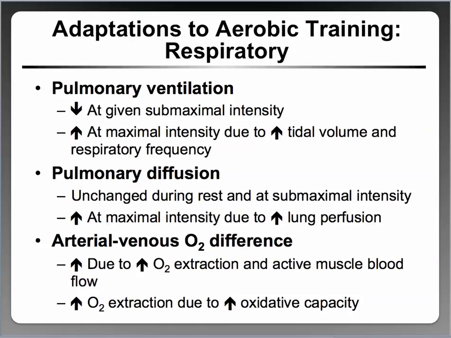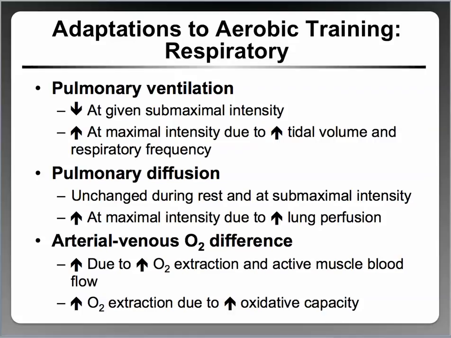Okay, so this is your one slide that you get on the respiratory adaptations with endurance or aerobic training. I should mention that even though there's only one slide dedicated to this, if you didn't have the respiratory system, then none of the adaptations that we saw with the cardiovascular system would make any matter, because you couldn't actually get oxygen into the cardiovascular system.